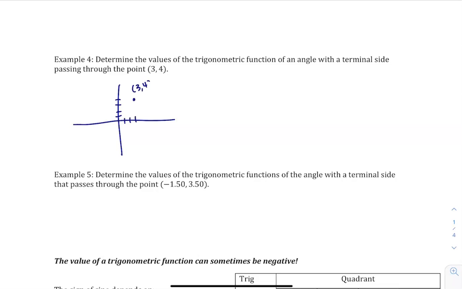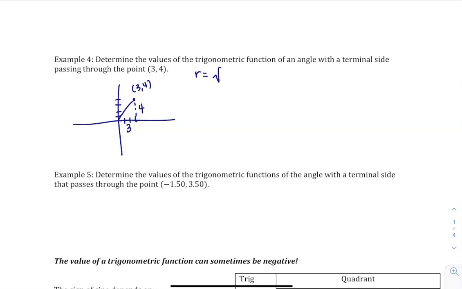So that point 3, 4 is there in the first quadrant. Now my r is going to be the distance from the origin to that point 3, 4. So we can think of this as a right triangle with 3 on this side and 4 on that side, and we can still do Pythagorean theorem.